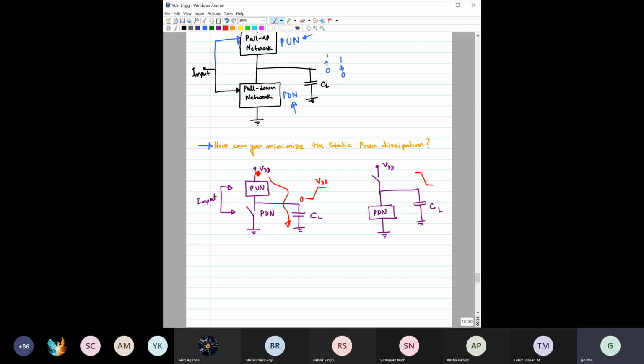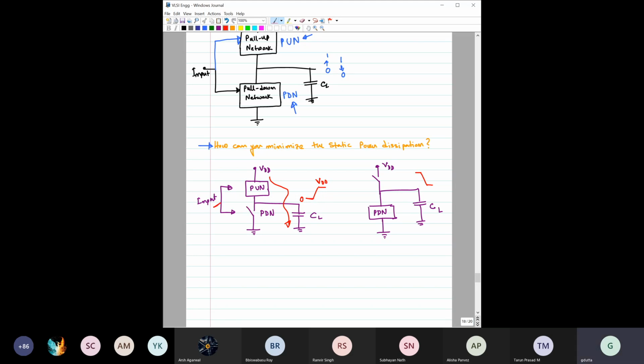Then there is no direct path from VDD to ground. No static power dissipation, the path is not complete. The power is only being used to charge the capacitor, right? So this is rising from 0 to VDD.